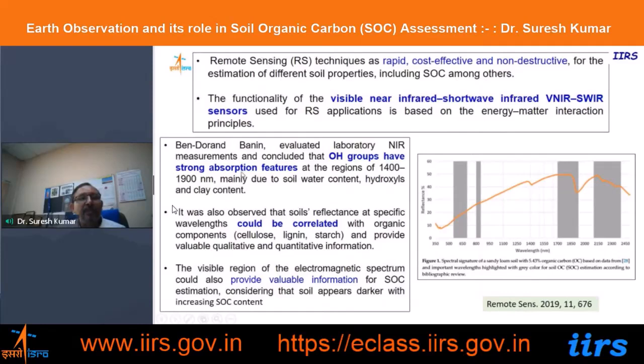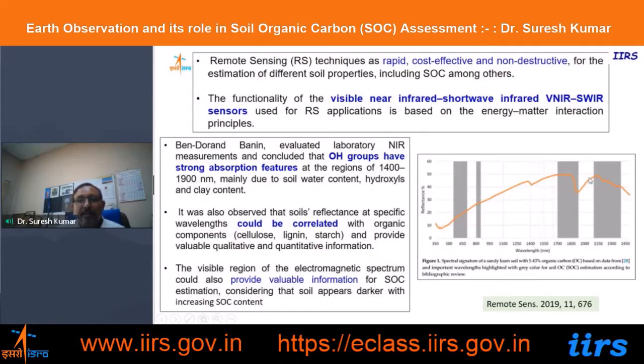it has been found that reflectance doesn't decrease only because of organic carbon, because soil moisture is also available in the soil. So soil moisture OH groups also strongly absorb radiation in the near infrared at 1400 and 1900 nanometers. You can see here the 1900 nanometer, and here the 1400 nanometer.